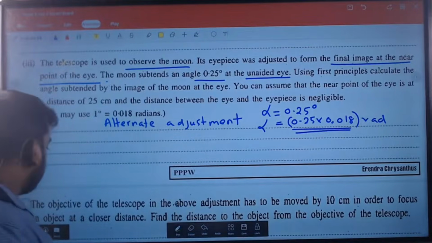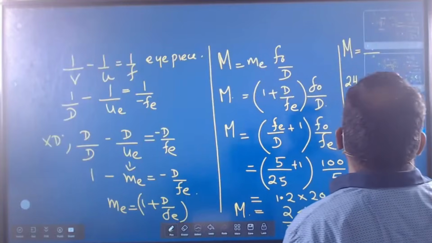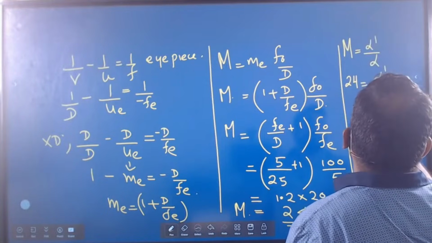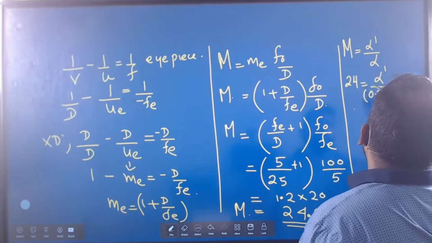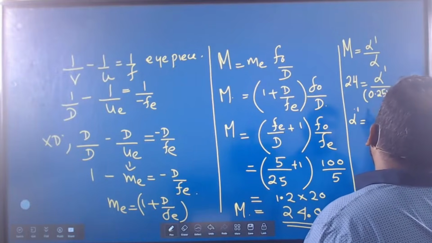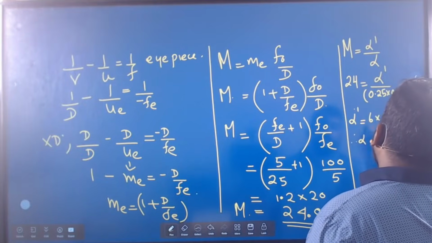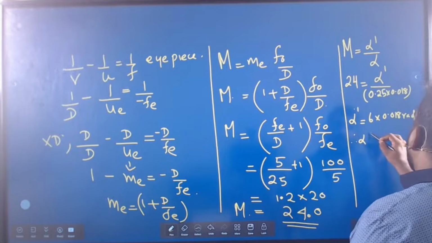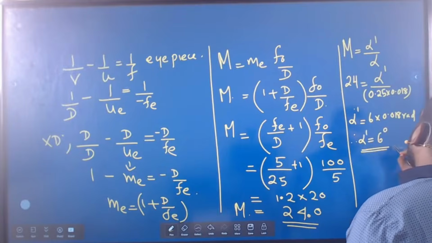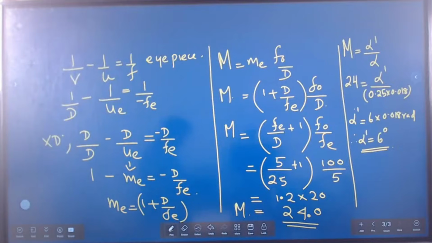Now you can simplify this. Alpha dash is equal to 6 multiplied by 0.018 radian. Because I am substituting only in radians, I can't do this in degrees. You must convert to radians, do the calculation, then finally write in degrees. 6 degrees. The angle subtended by the image on the eye is 6 degrees. See whether you got the answer.